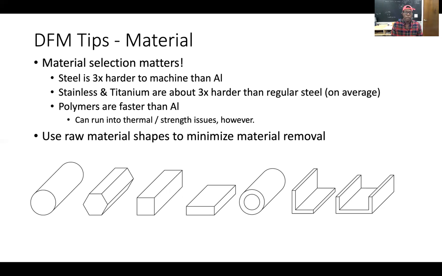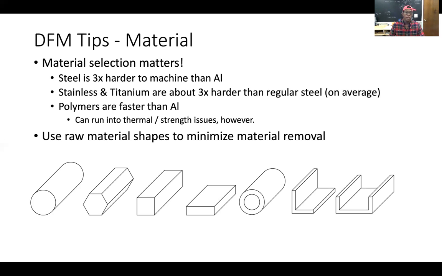But if you do, then steel is our better option. Moving on, stainless steel and titanium are even harder to manufacture than steel. So we want to make sure that we take into account the manufacturability of the materials that we use when we're comparing the other things such as strength or elastic modulus and the other properties that the material has.